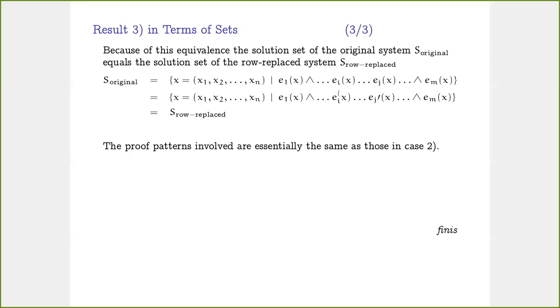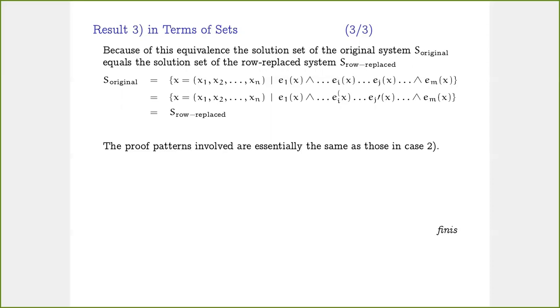If we want to see how this works with sets, we can display the same set definitions we had before, the original definition with E_1, E_i, and E_j up to E_m, and then replace that with the transformed version, apart from the typo of the raised parentheses in the E_i.